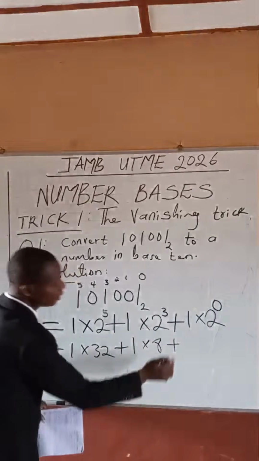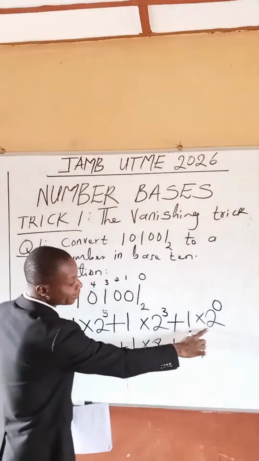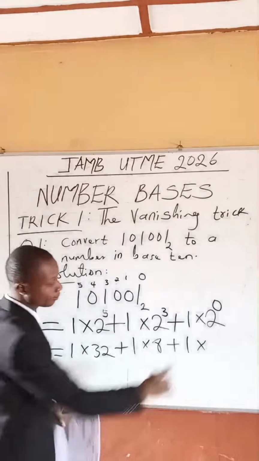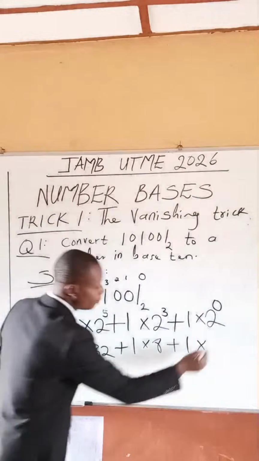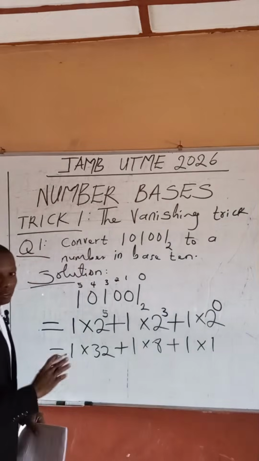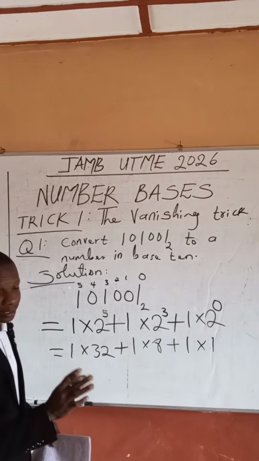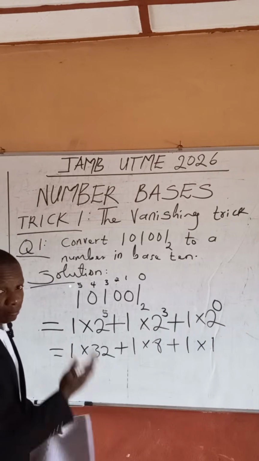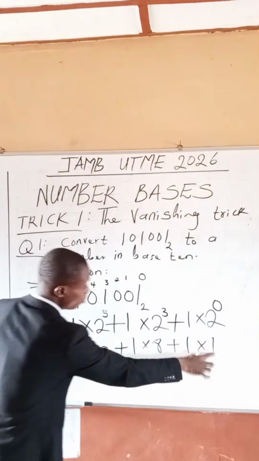Then plus, this is 1. Okay, we have to understand that in the law of indices, whatever is raised to the exponent of 0 becomes 1. No matter what, whether it's a letter, a number, or a symbol, as long as it is raised to the power of 0, it will always give us 1.